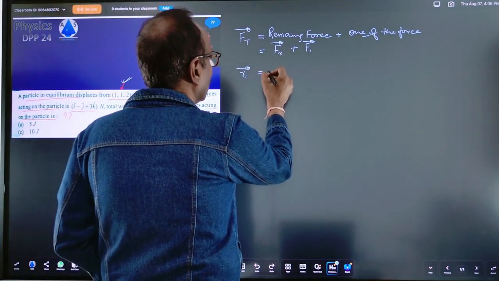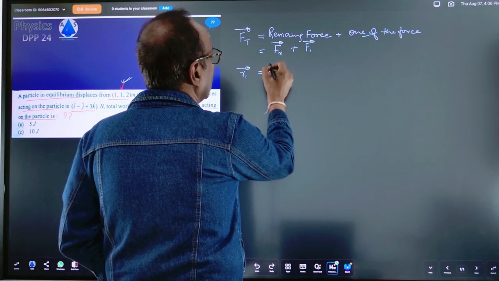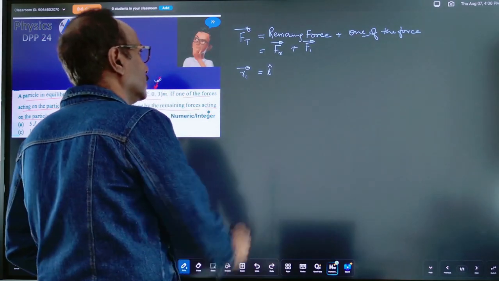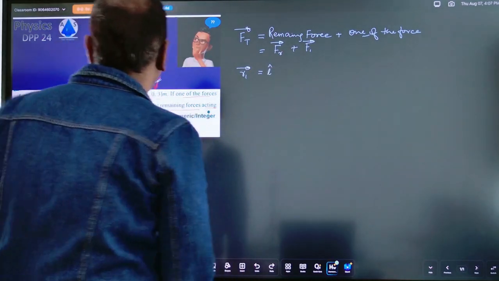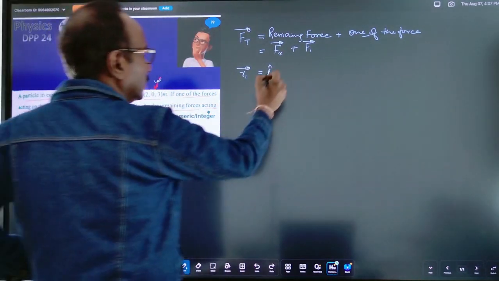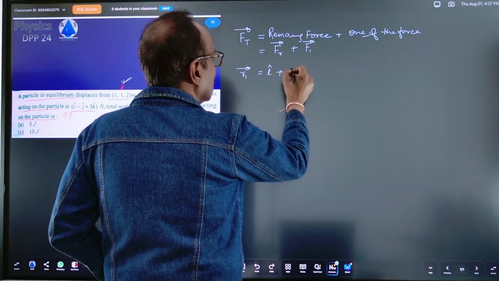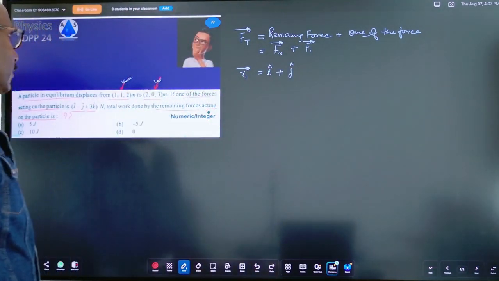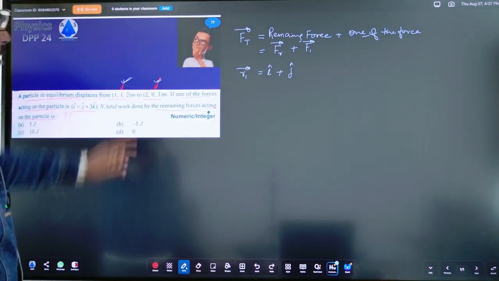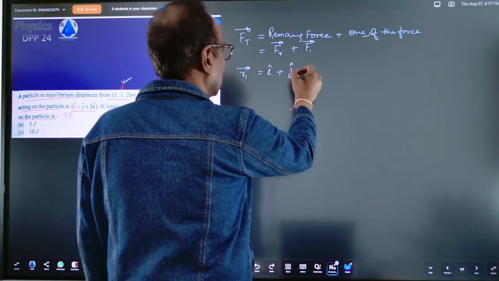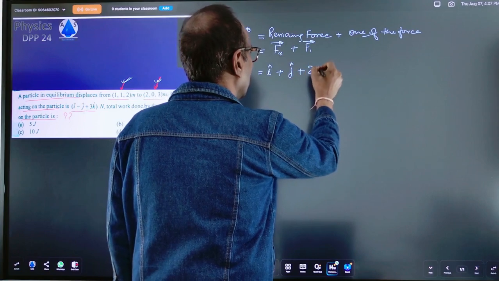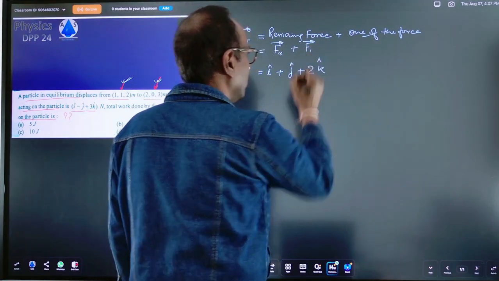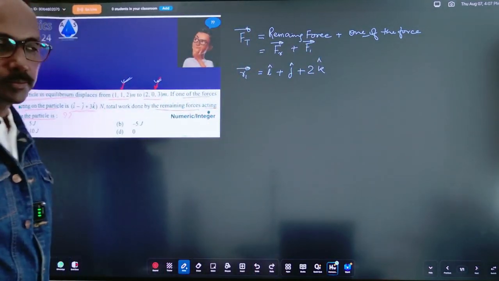It is 1 into i cap in the x direction, 1 into j cap in the y direction, 2 into k cap in the z direction.